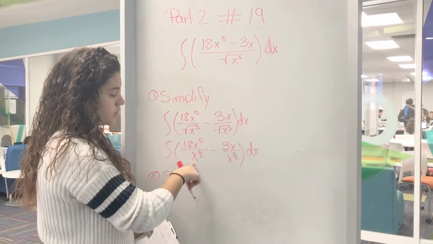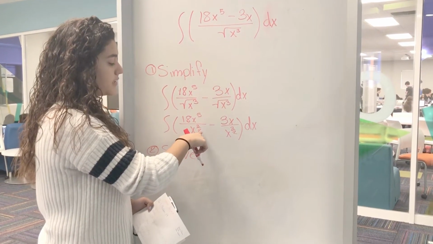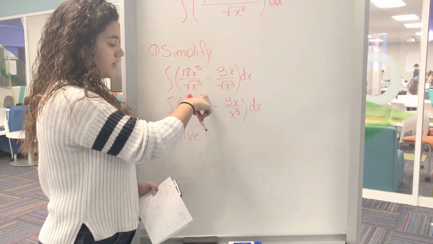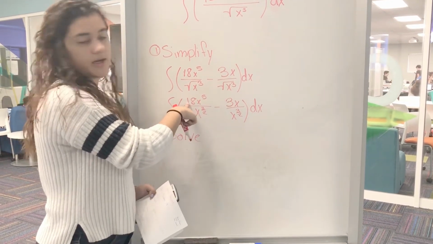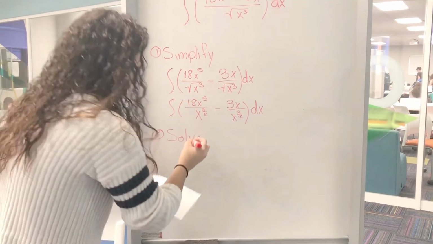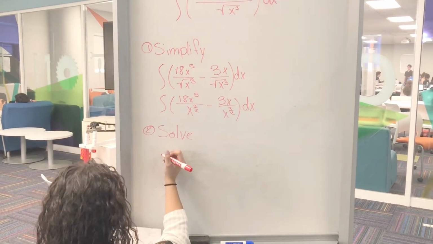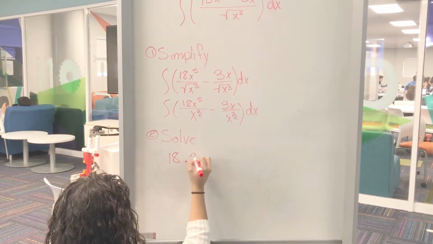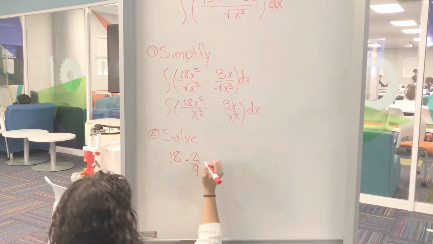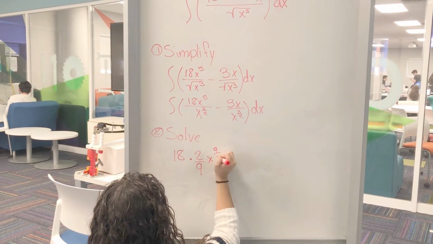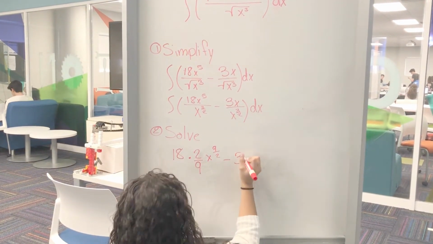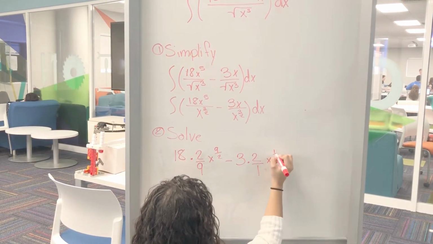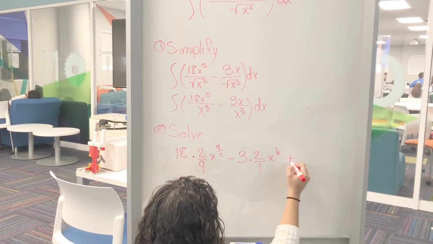So to solve this problem, we have to pass the x of the denominator to the top and subtracting the exponents by adding 1 and then dividing everything by the new number. So it's gonna be 18 times 2/9 x exponent 9/2 minus 3 times 2/1 times x exponent 1/2 plus c.